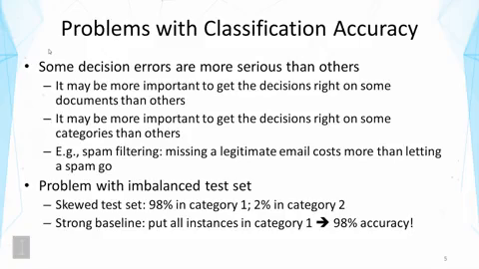There's also another problem with an imbalanced test set. Imagine there's a skewed test set where most instances are in category 1, and 98% of instances are in category 1. Only 2% are in category 2. In such a case, we can have a very simple baseline that actually performs very well, and that baseline would simply put all instances in the major category. And that would give us 98% accuracy in this case.